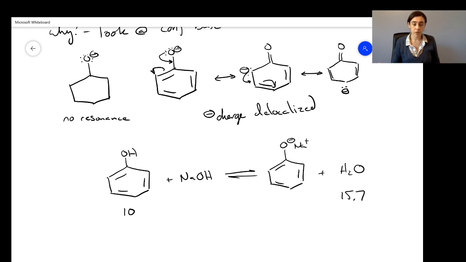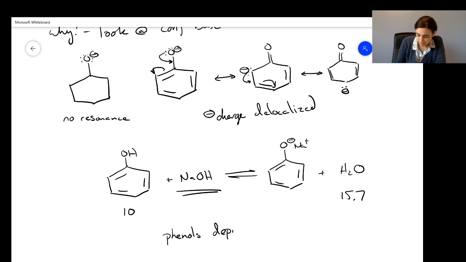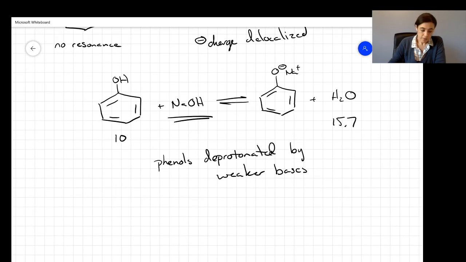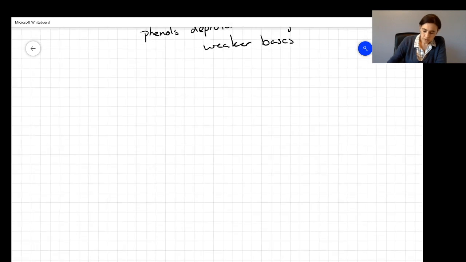The pKa of water is much larger than the pKa of the phenol, so this is now a strong enough base to deprotonate our phenol. So phenols are deprotonated by weaker bases. Okay. All right, so that's one of the factors.